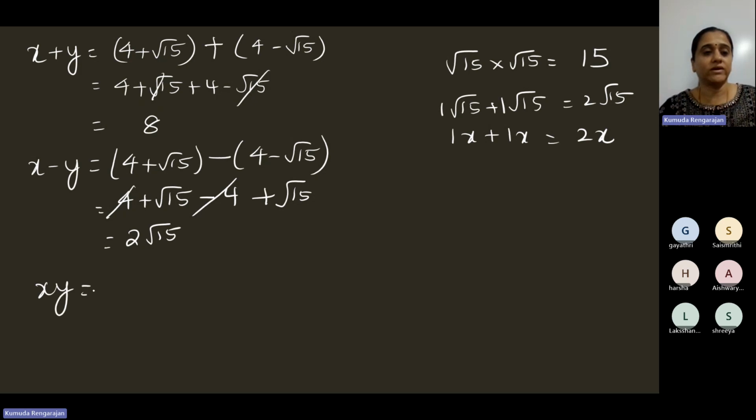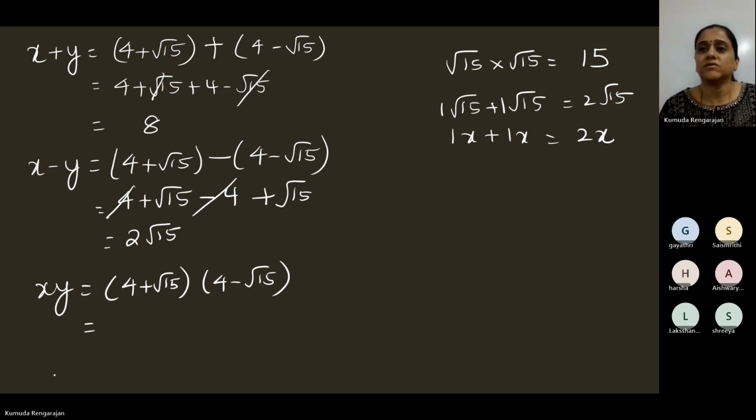X into y. So this is x and this is y. So Surya, this looks like what? A plus b into a minus b. What is a plus b into a minus b? A square minus b square. Correct.